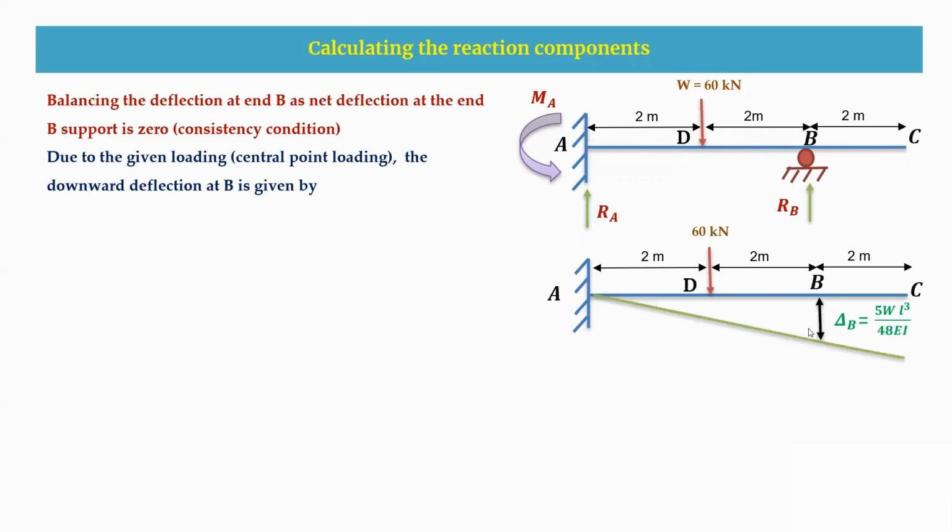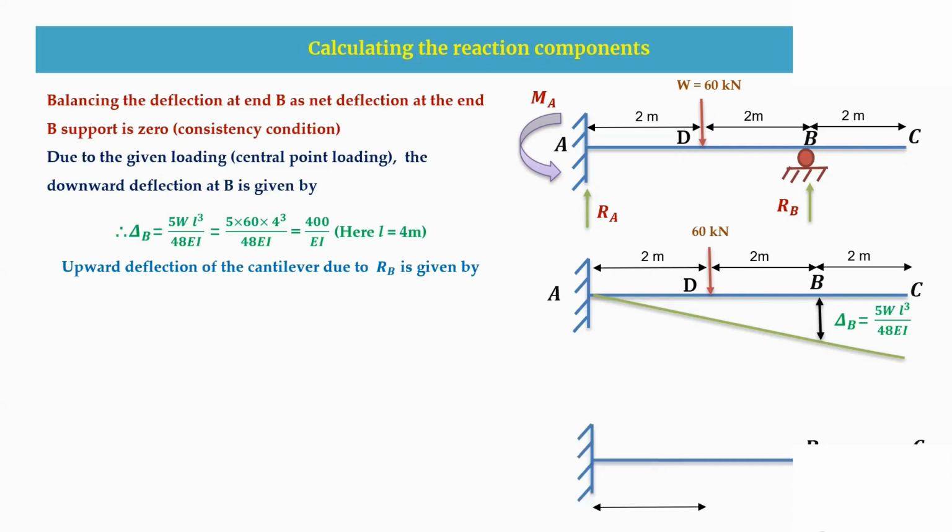Therefore, at this B support, the deflection formula for a point load which is centrally placed is 5WL³ by 48EI. So by substituting all the values here, W as 60, L as 4 meters. So we are considering only the AB portion. This BC is an overhang. After substituting all these values, we got delta B to be 400 by EI, which is vertically downward.